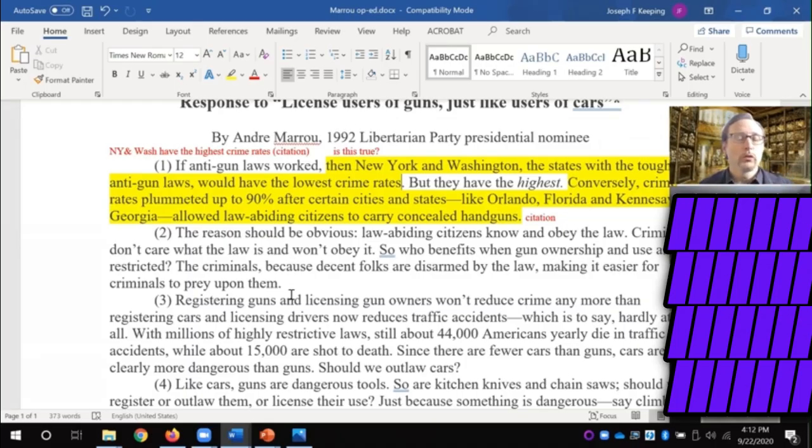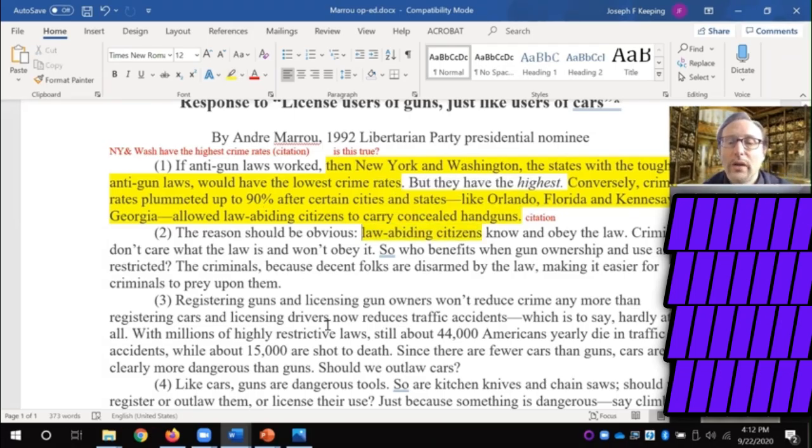So the reason why crime rates purportedly went down when you let anybody carry a concealed gun should be obvious. Law-abiding citizens, there's that term again. I've got to highlight that. I am now flagging suspect elements.